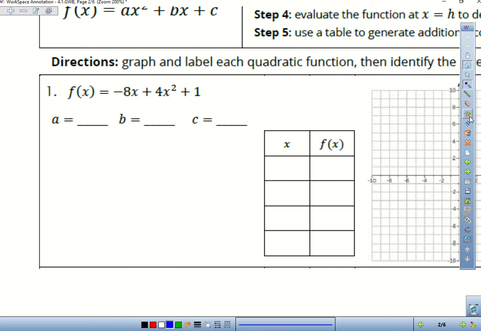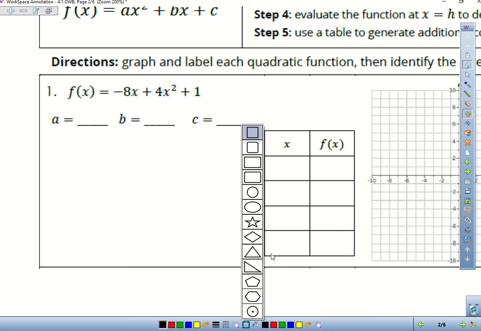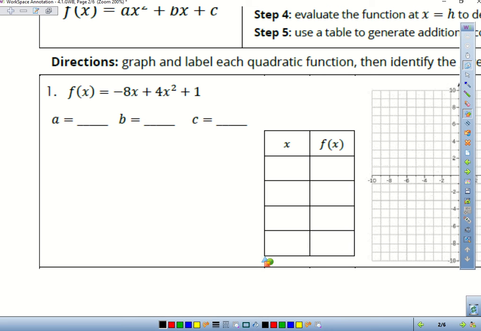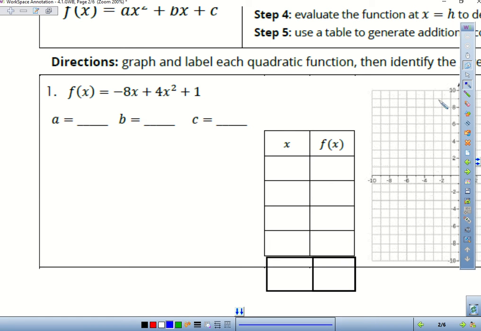So basically every single graph that we're going to be doing today, I'm going to be adding an extra value into the table, just so you know. And the reason for that is I think it's easier to learn that way, so I'm just going to put an extra value in. So with that being said, first thing you want to check is this quadratic in standard form?